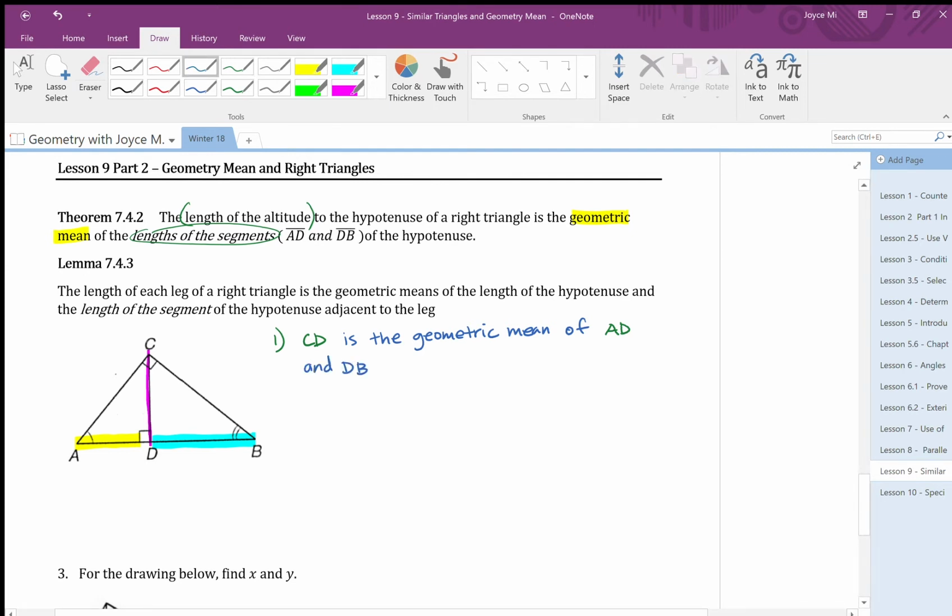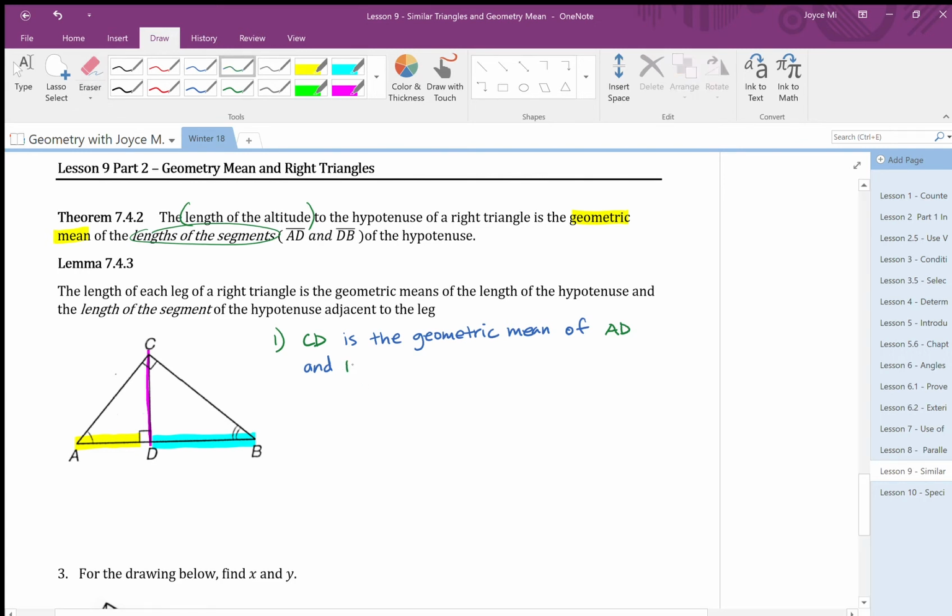That's the first one. So the length of the altitude to the hypotenuse of a right triangle is the geometric mean of the length of the segments, which are AD and DB. So that's what it means. So CD is a geometric mean of AD and DB.